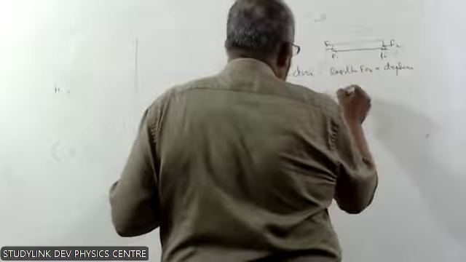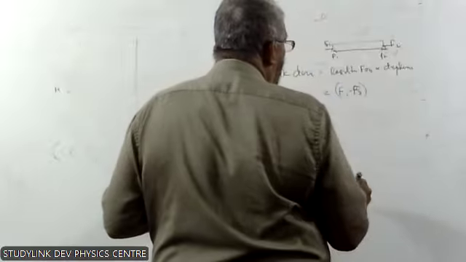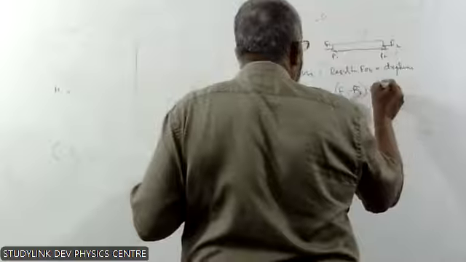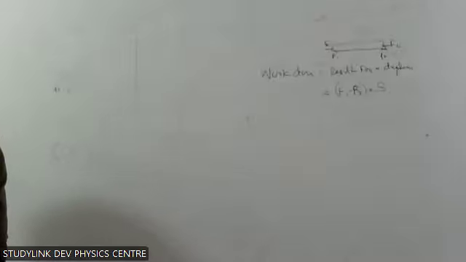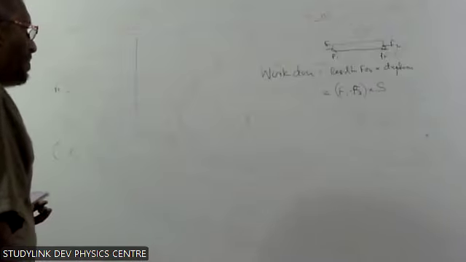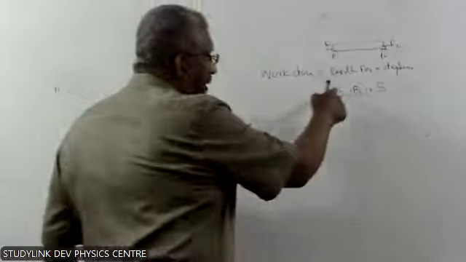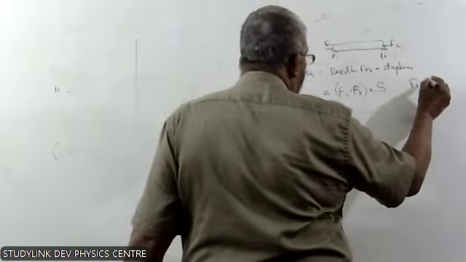Towards this direction, F1 minus F2, we can say, into displacement, we'll say S. This was F1 is equal to P1A, F2 is equal to P2A.